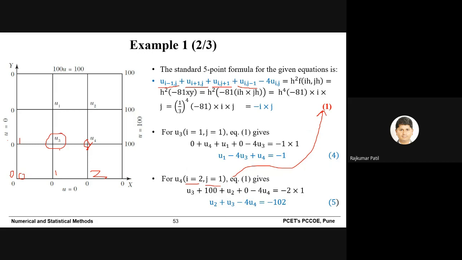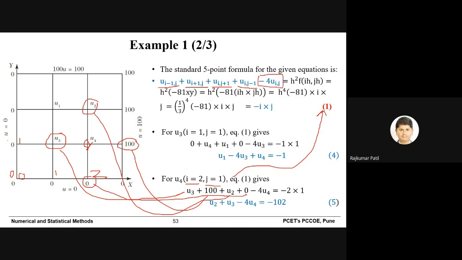So u3 you can see here, then the second neighbor 100 here, plus the third neighbor, that is u2, and the fourth closest neighbor, that is 0, you can see here, and minus 4 u(i,j) will become minus 4 u4, because we are interested in point u4, and minus i into j.